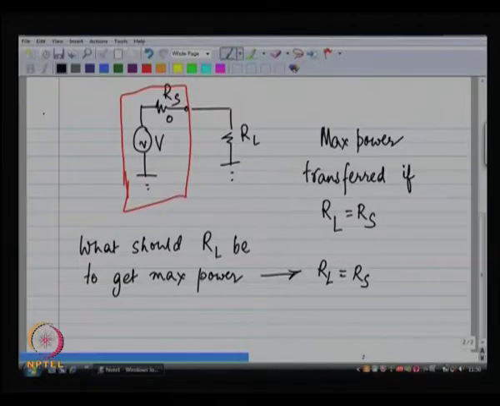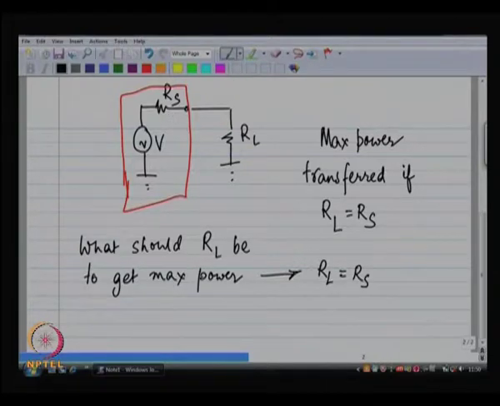So, there is no limit if the source resistance is 0, but the source resistance is a finite non-zero number of ohms. That is the critical, most important point over here.